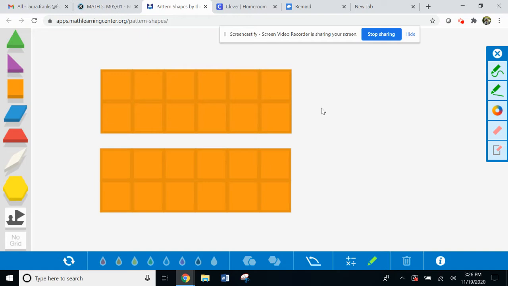Okay, so if I were to clear that off of there, and I wanted to represent this a different way, if I made this into 2 equal pieces, I could also put them together this way.